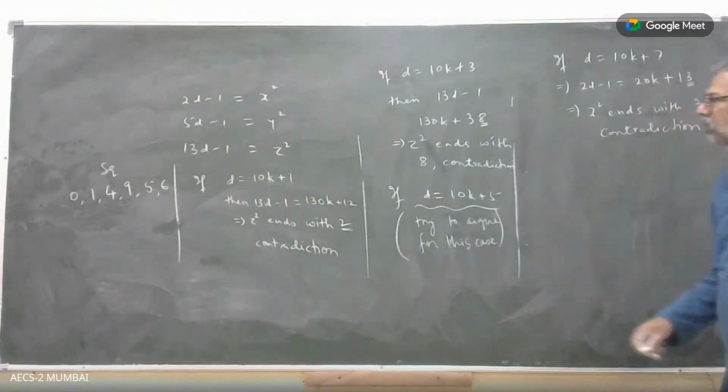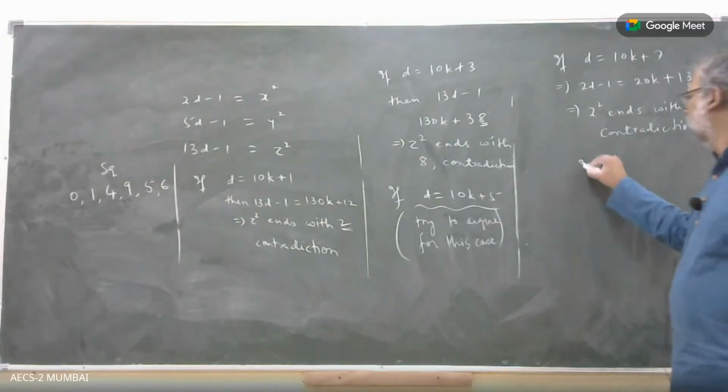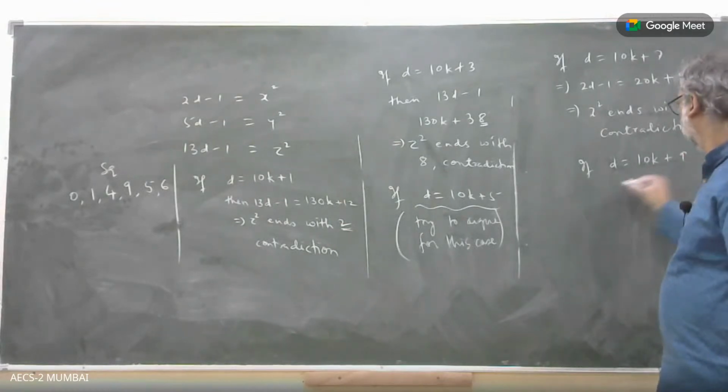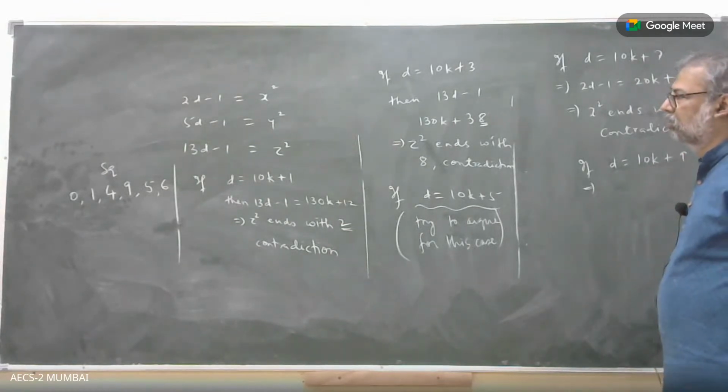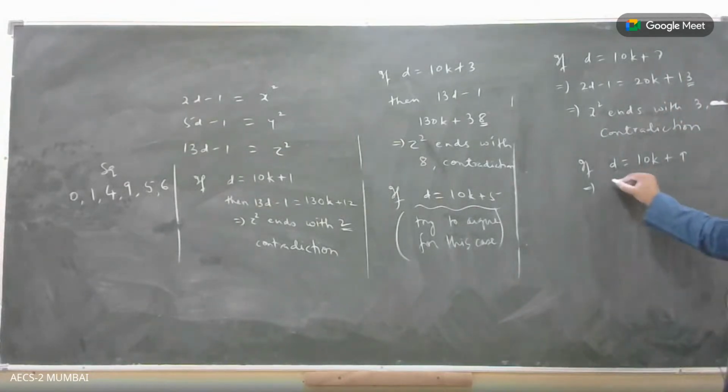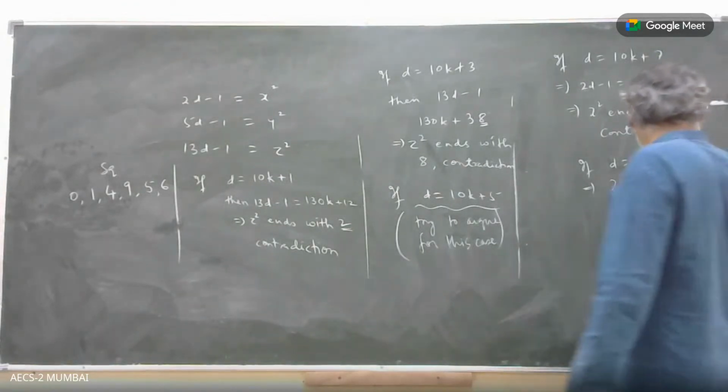And sir, if d equals 10k plus 9, the unit digit of x squared ends with 7. 2d minus 1 is 20k plus 17, so it ends with 7.